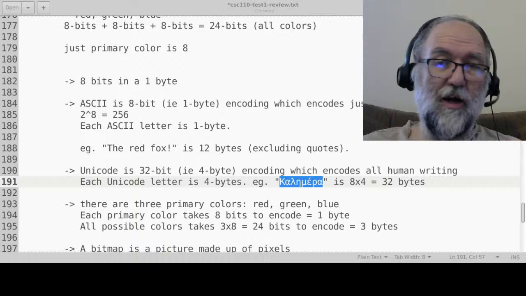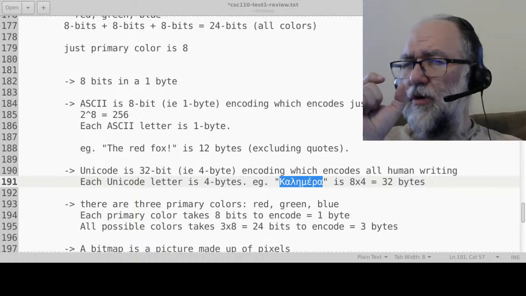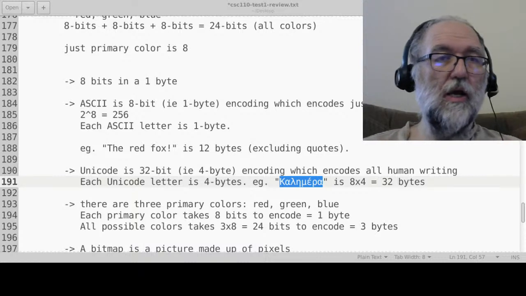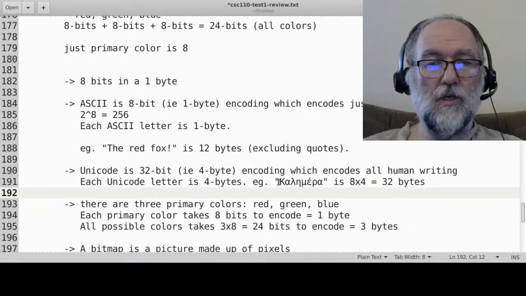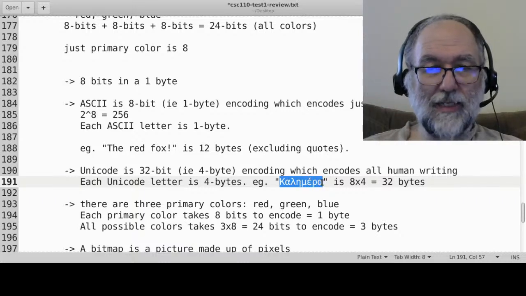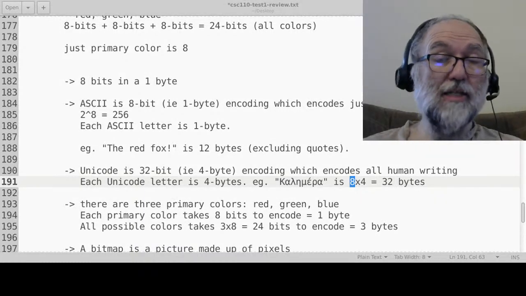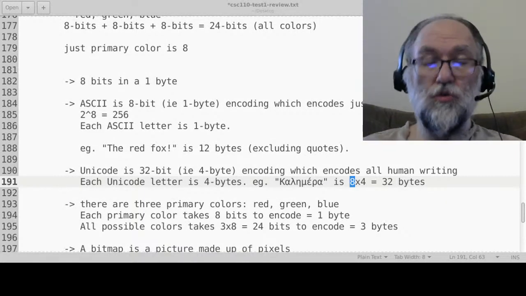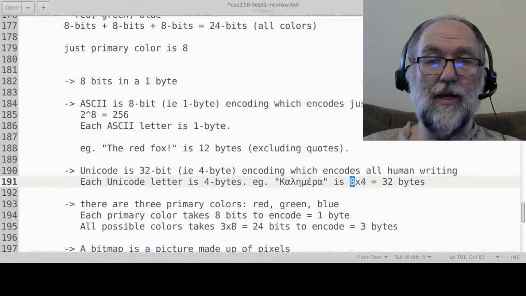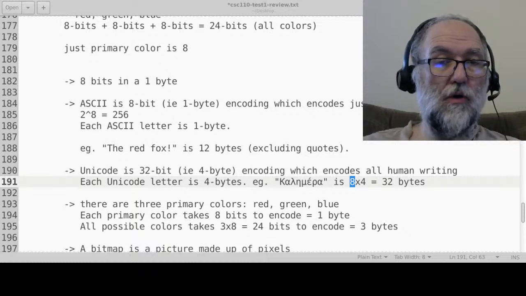There's also Cyrillic, like the Russian alphabet, Hebrew, Chinese, any of those. Each character is 4 bytes. So just count the number of characters: 1, 2, 3, 4, 5, 6, 7, 8. You can see there are 8 characters, but that doesn't mean 8 bytes. It means 8 times 4, or 32 bytes. So that string is 32 bytes long. 8 characters is 32 bytes for Unicode.